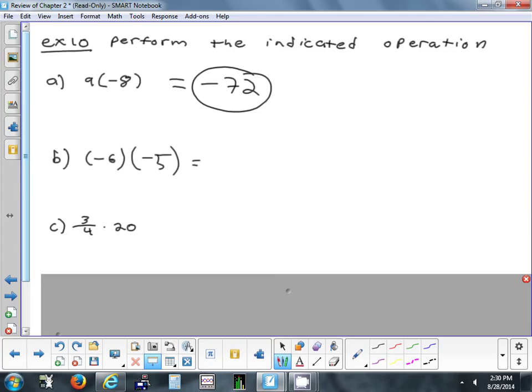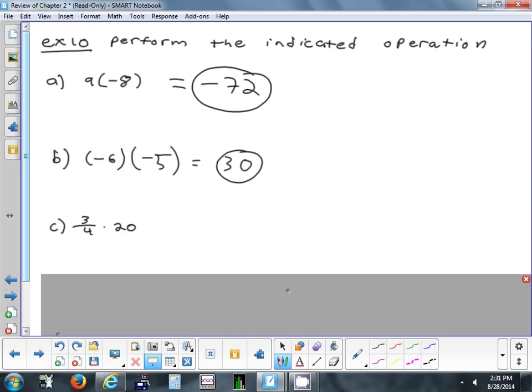Next one is a negative times a negative. Okay. Negative times a negative. Yeah, Laura? It's a positive. And what is the answer? Positive 30. Okay.